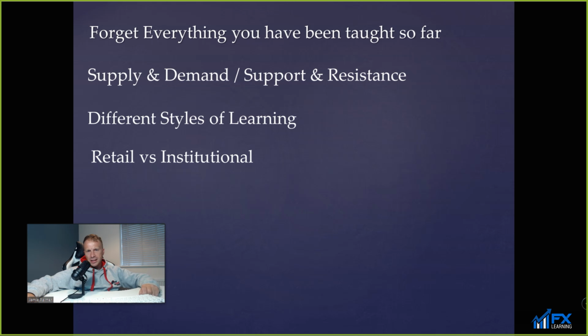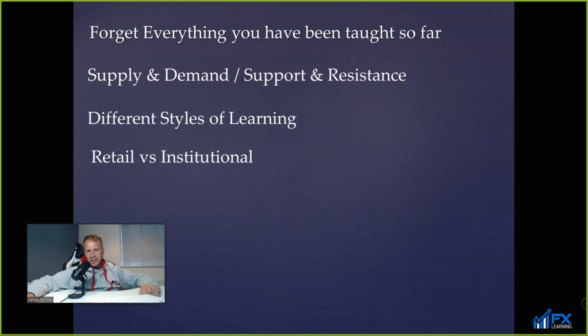Because remember, the only way you can move price is if you buy it and sell it. So for an institution to buy a currency pair, they've got to put a lot of money on the table to drive that price up and then drive the price down. So yes, market manipulation does happen, but they have to have a very good reason to do it, because they've got to put their money on the table to do it.